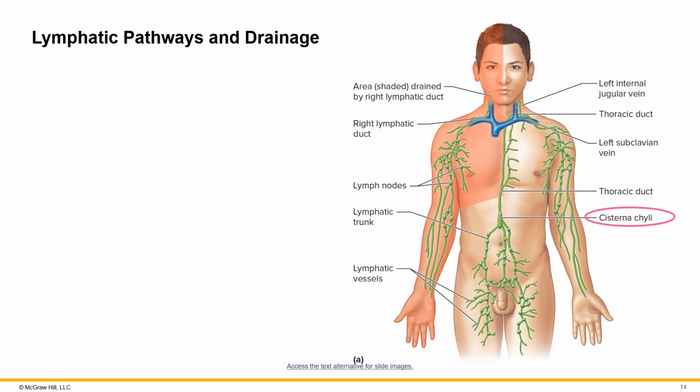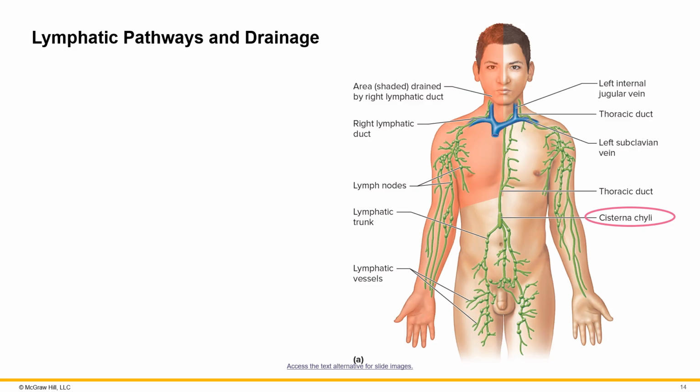This is why the cisterna chyli is such an important part of our body's nutrient transport system, because it has the ability to deliver fats to the bloodstream. Fats are too large to easily enter into the blood capillaries. And so this structure allows us to be able to kind of transport it in that way.